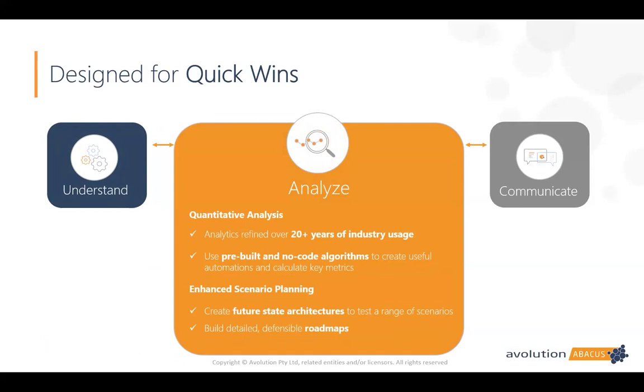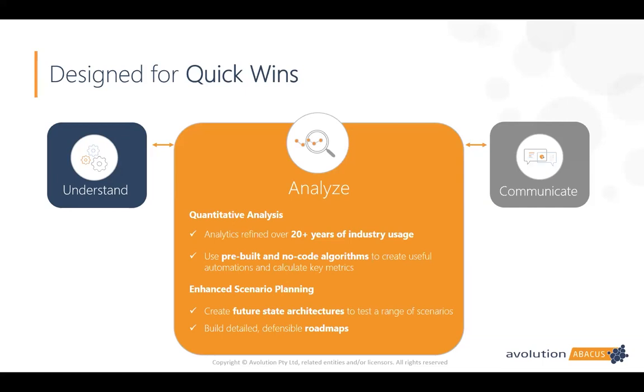Now, another way you can achieve quick wins is through the powerful analytics features that ABACUS puts right into your hands. Built-in simulators and ready-to-use algorithms offer up portfolio perspectives from financial TCO to availability, calculating business and technical fit, and really that's just scratching the surface.